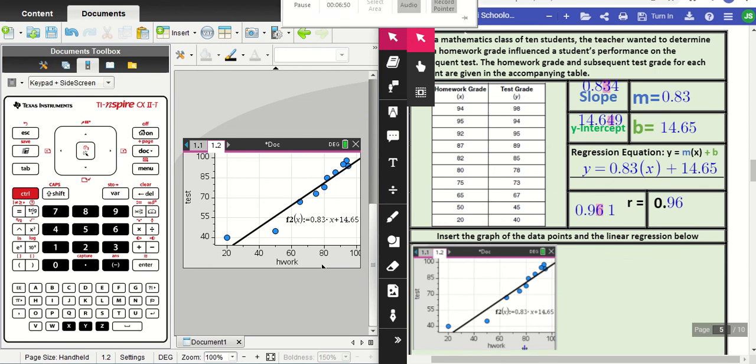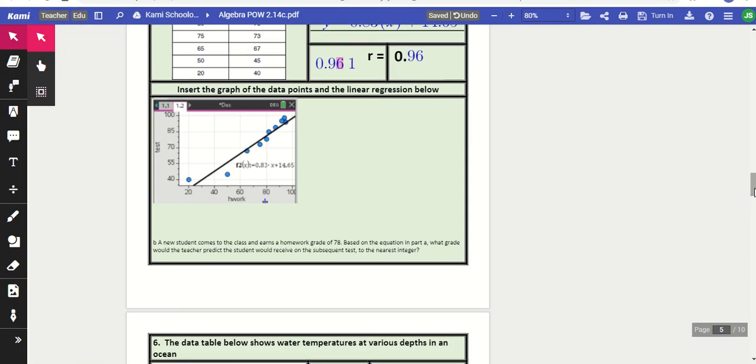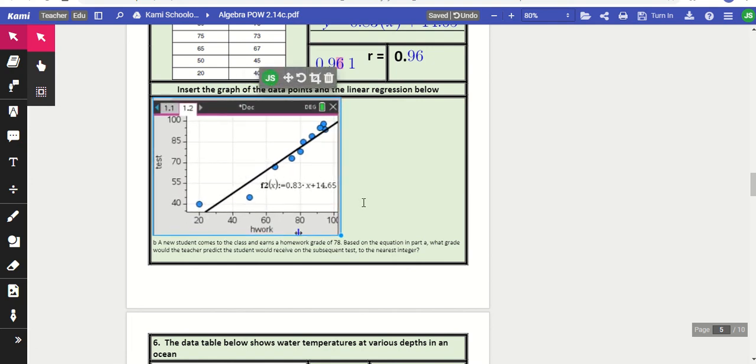So I'll make this full size. And stretch to fit.